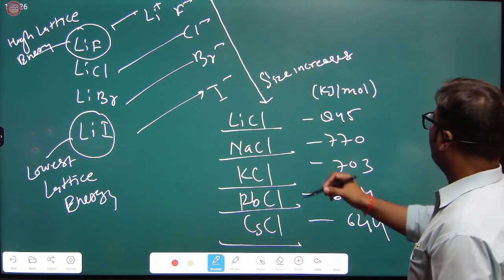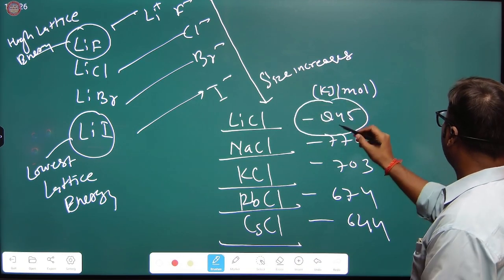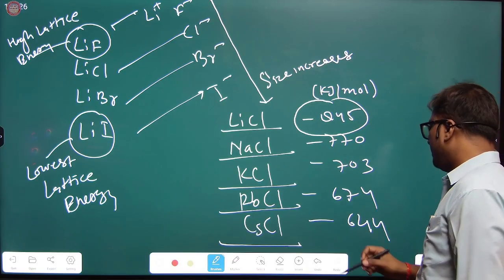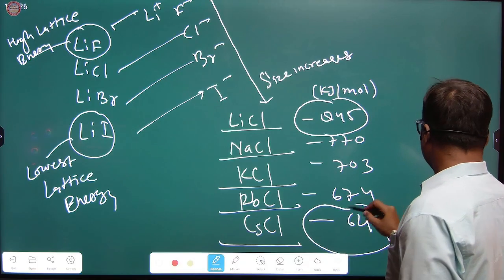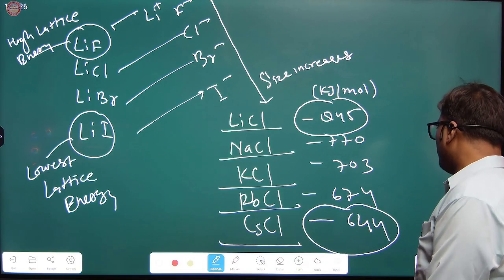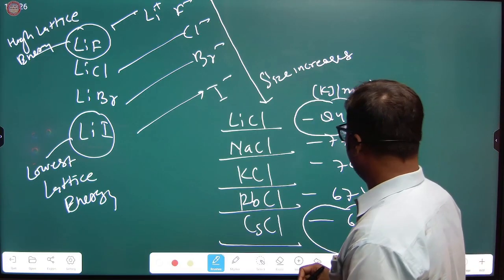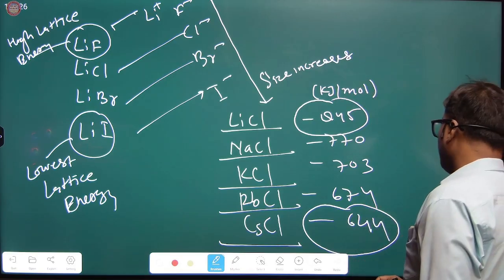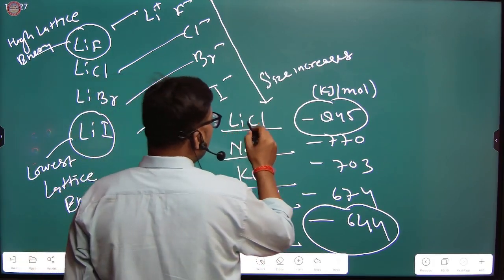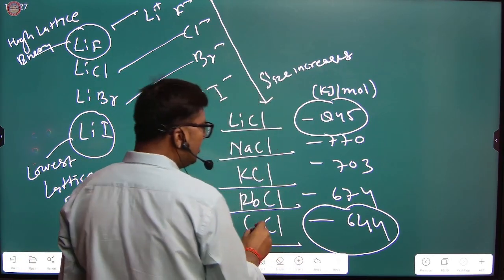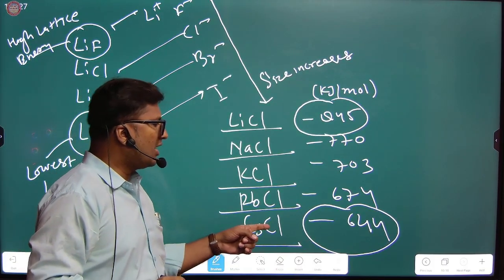Lithium chloride has a very high lattice enthalpy, that is -845, and cesium chloride has only -644 kilojoules per mole. So here is the size effect of the cations, right? Lithium chloride has a small and highly charged Li plus with Cl minus, while cesium chloride has a bigger cesium plus and chloride ion.